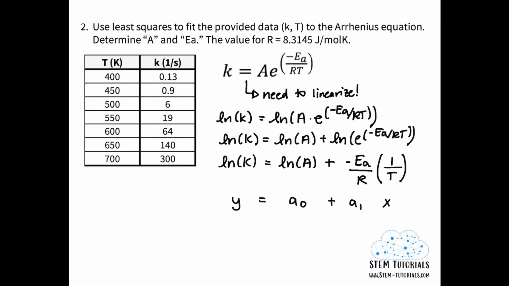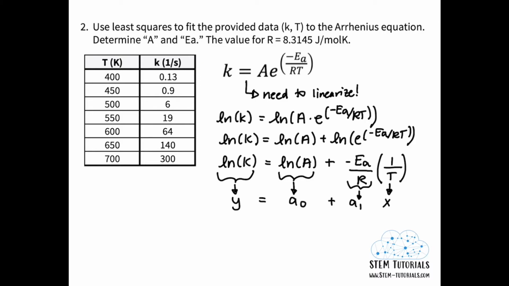And so we'll see that our ln k will equal our y value. The ln of our coefficient a is going to equal our a0. This activation energy, or Ea, divided by R will equal our slope, a1, and 1 over T equals x.